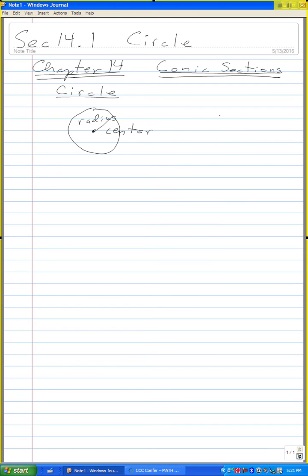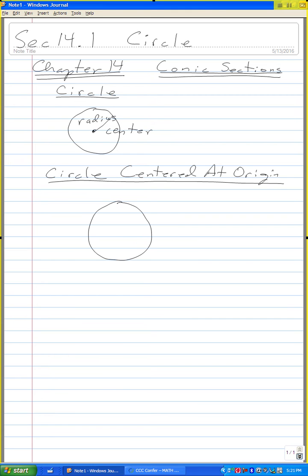And so suppose that we have a circle centered at the origin. And so I have a circle here, the locus of all points equidistant from a fixed point, called the center of my circle.